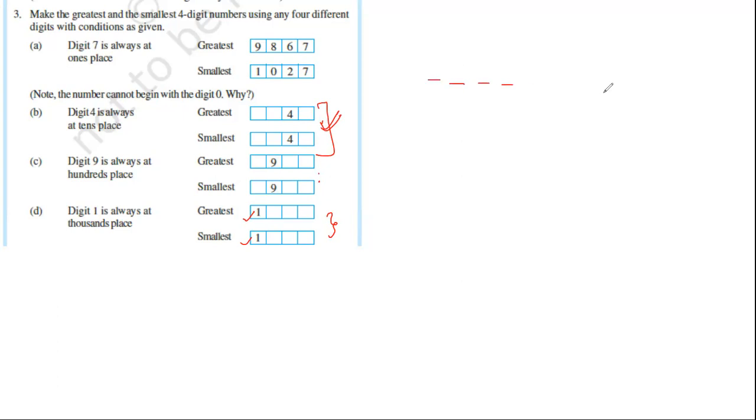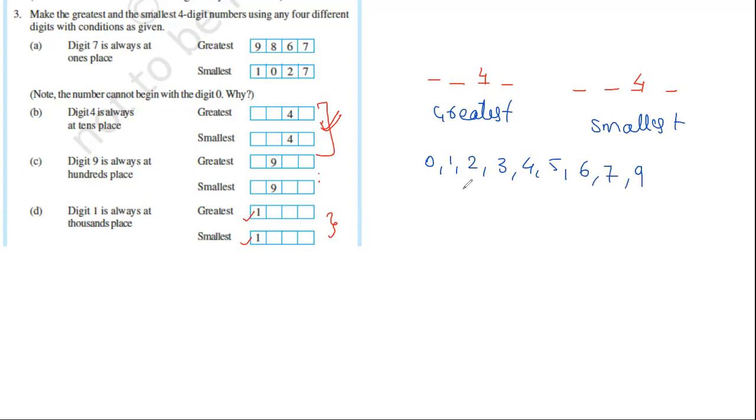So out of these 4, he's saying this tens place you need to fix. Now out of the available, this one I'm making as greatest, this one I'm making as smallest. So the same procedure will apply out of the available numbers. What are the available numbers? Any number we said. So 1-digit numbers are these. 0 I cannot write on first place, but he has said greatest number.